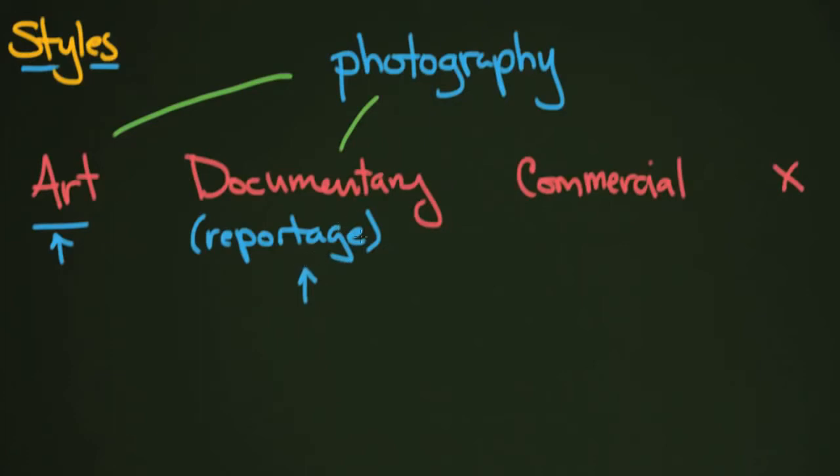Now you've also got commercial photography. Commercial photography is definitely a growing piece of the photography world. It has had its heydays and it's always been around, but in many ways, commercial photography in recent years has also started to blend with these two in ways that it hasn't before.